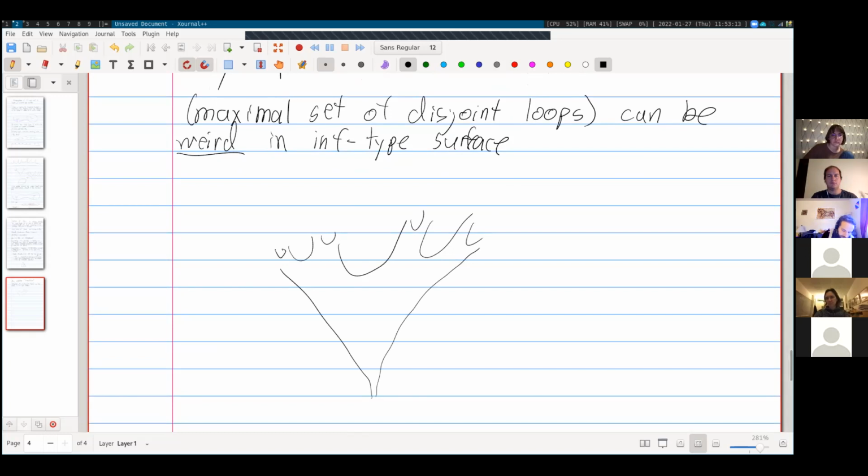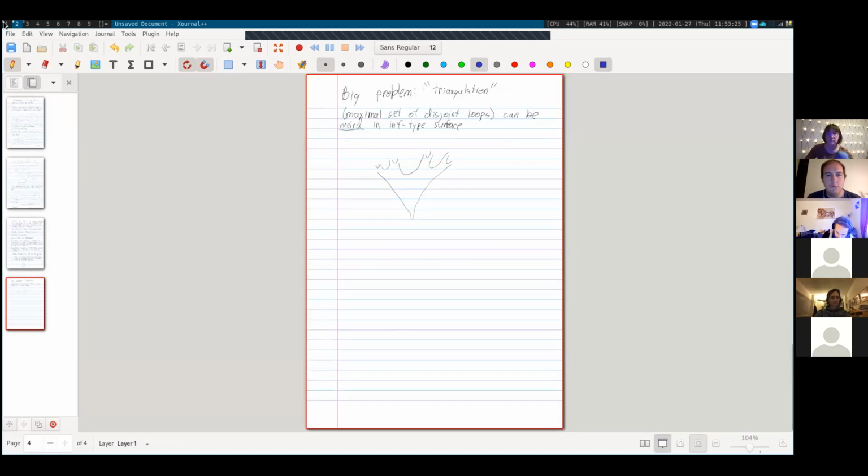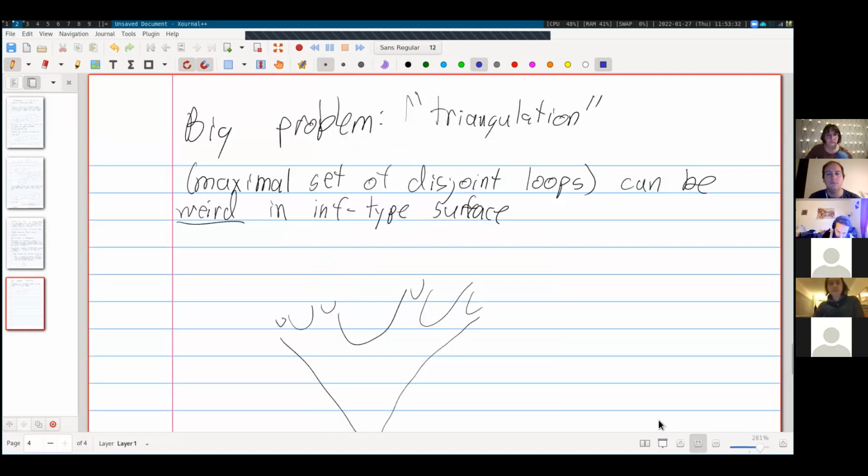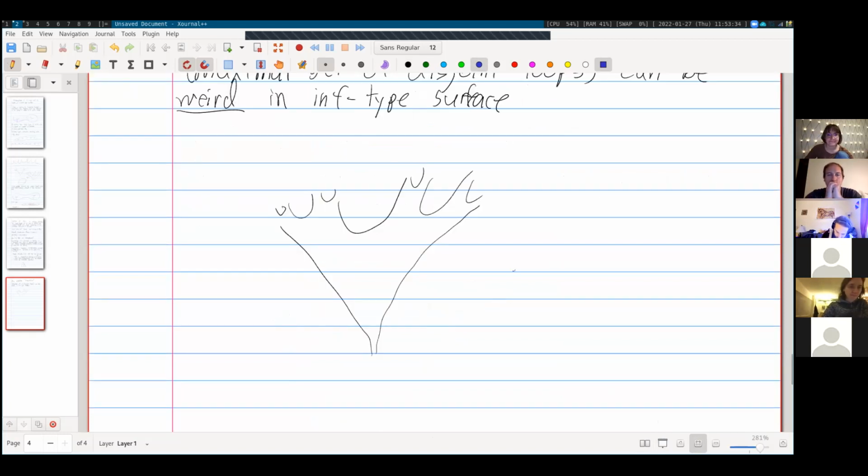Consider a triangulation that includes loops that go up here and loop around one of these guys.